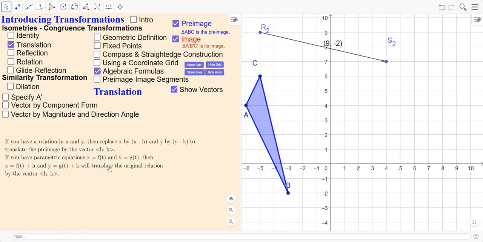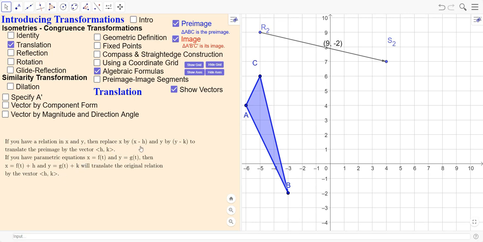Now, if you do it in parametric form, x is f of t and y is g of t, then you just put x is f of t plus h and y is g of t plus k, and that will translate the original relation to a new relation translated by the vector hk. Notice in parametric form, if you want to add h to the x coordinate, you actually add h to the x formula, and for y, if you want to add k to the y coordinate, you actually add k there.